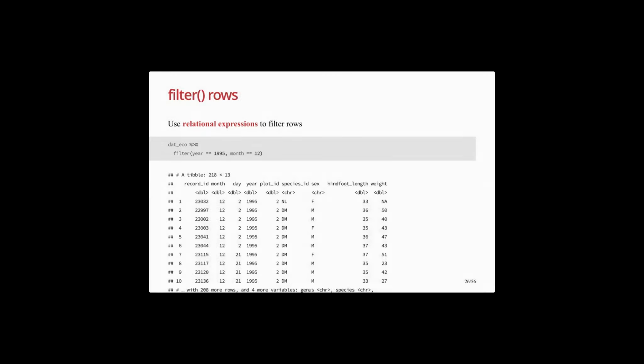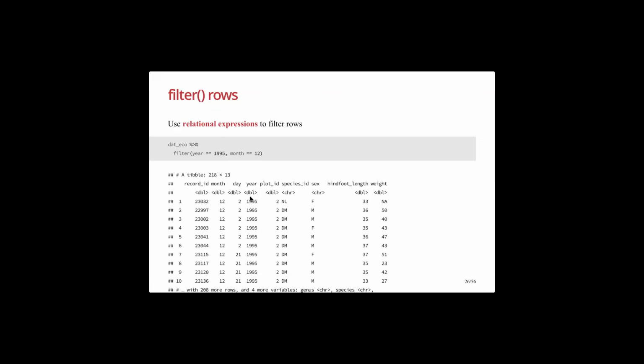What other examples have I got here? You can plug a comma in there and add more and more criteria to get more and more complex filters going on. So here I've said, take my data set and filter it. All I want is the rows where the year is equal to 1995 and the month is equal to 12, or December, presumably.